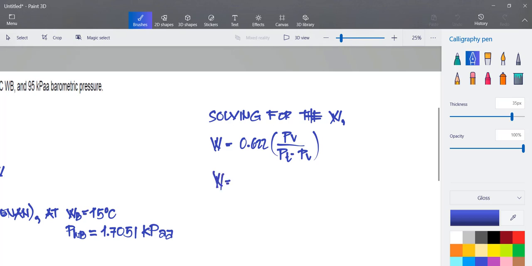So we have the humidity equal to 0.622, then substitute natin yung value nakuha natin kanina, 1.38875 kPa absolute.